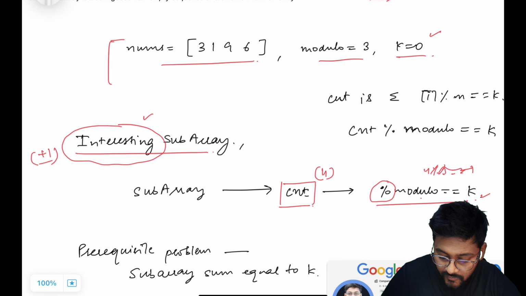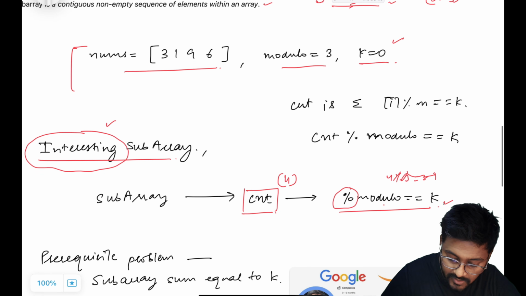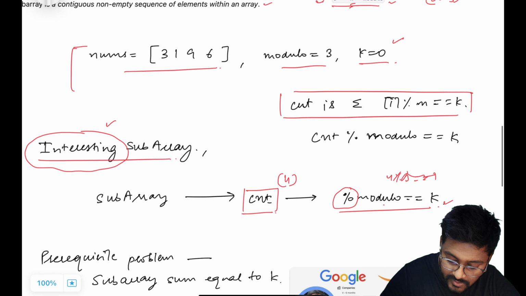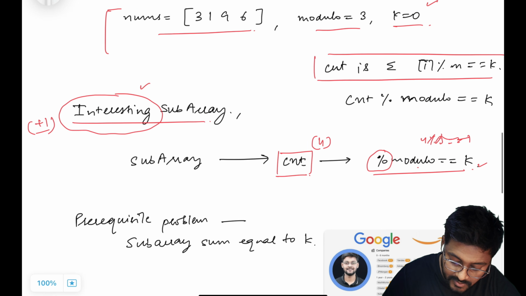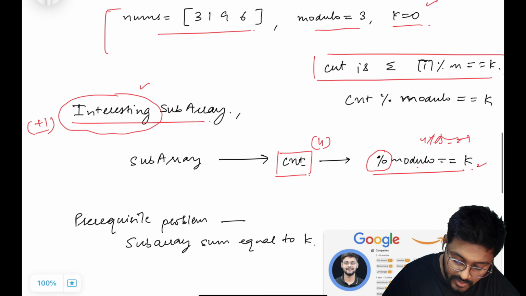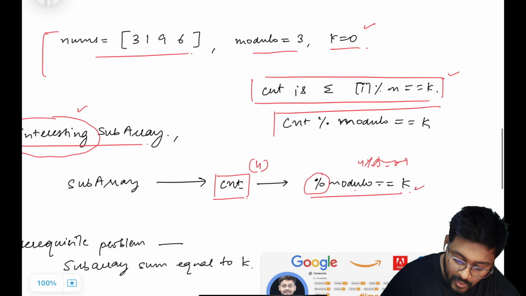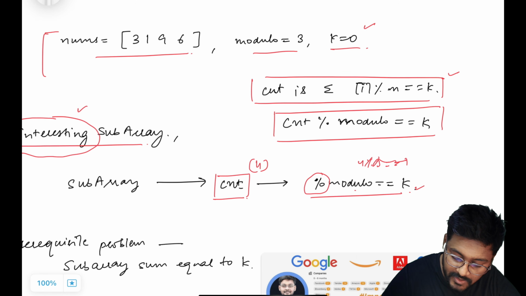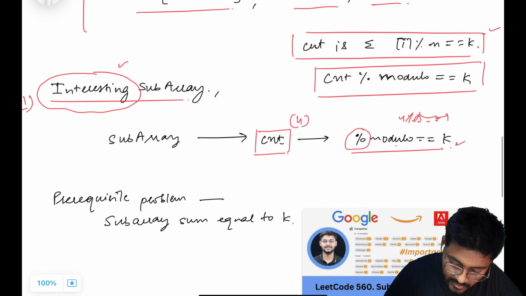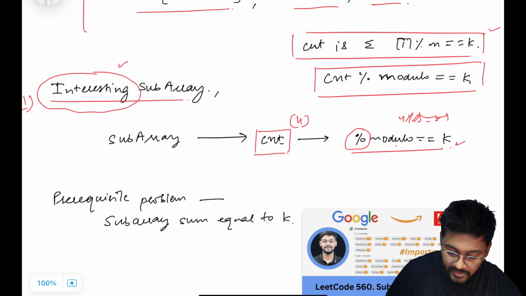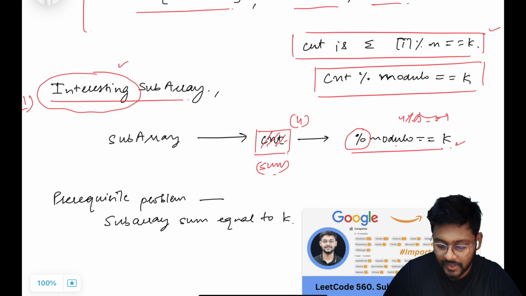And what is the definition of count? This is the definition of count given in the problem statement. We'll have a look later. And the condition for a subarray to be interesting is this: count modulo is equal to k. So just to make it very simple, if I remove this count and make it sum, right?